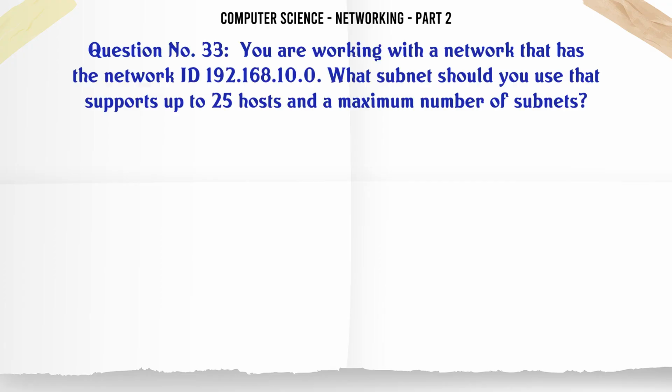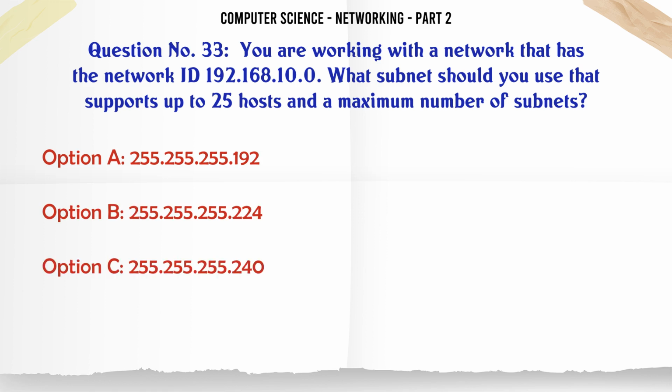You are working with a network that has the network ID 192.168.10.0. What subnet mask should you use that supports up to 25 hosts and a maximum number of subnets? A. 255.255.255.192. B. 255.255.255.224.